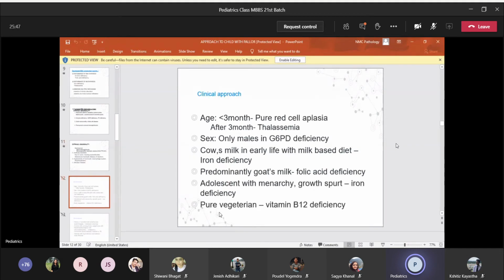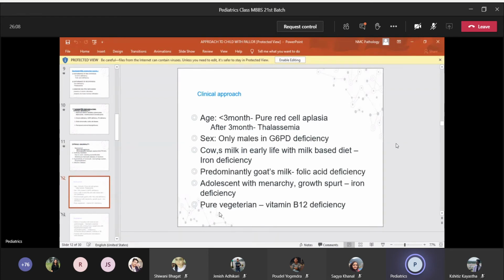So how do we approach the patient who is having pallor? First of all, we will go through the age. If the child presents with pallor at less than 3 months, then we have to think of the causes. The most common cause is pure red cell aplasia. After 3 months, the most common cause is thalassemia.